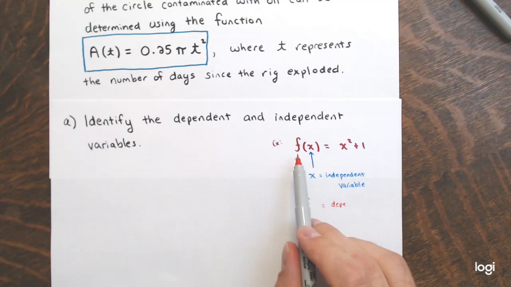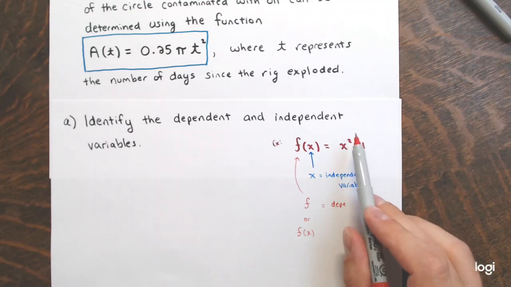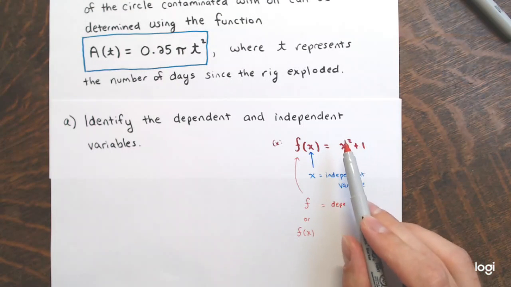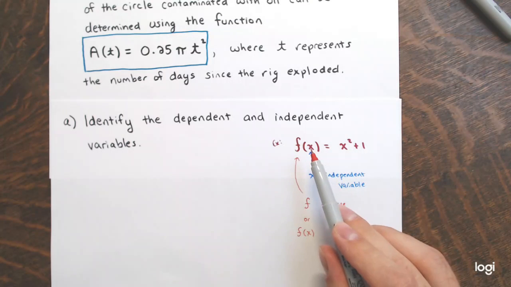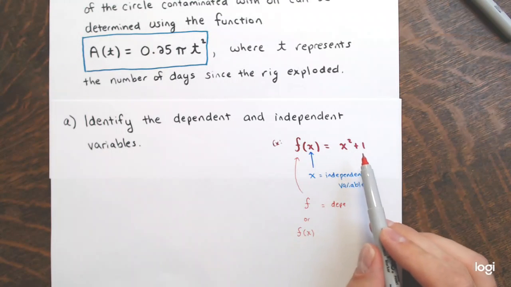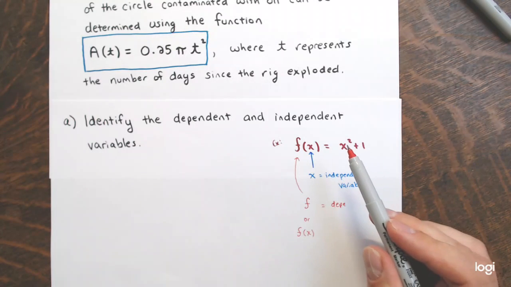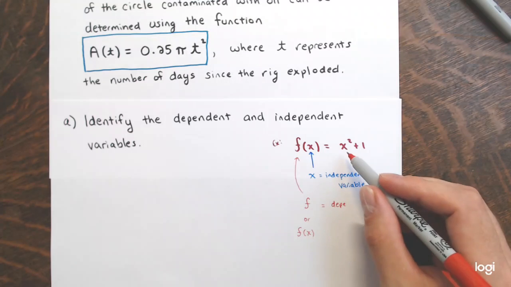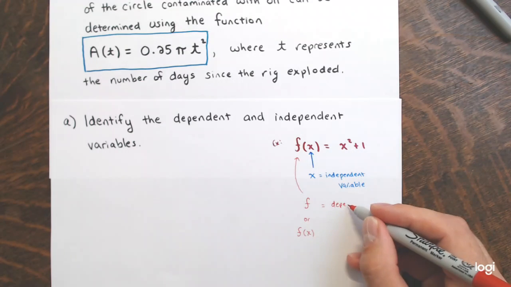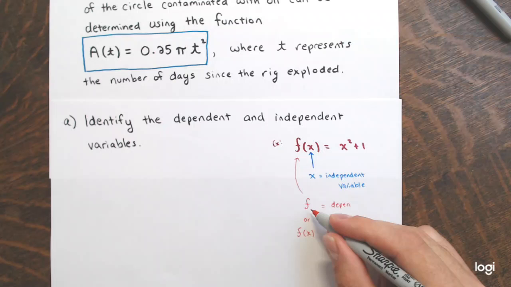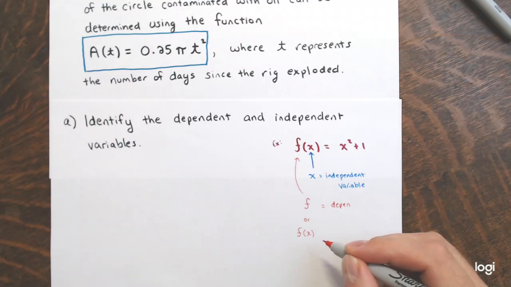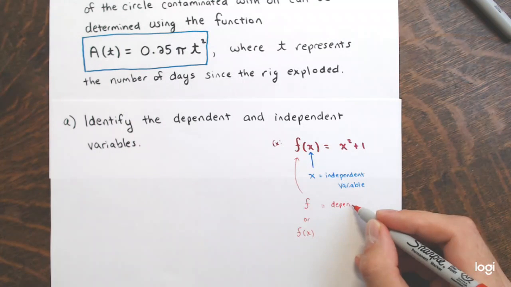Over on this side is an expression describing how this variable from the domain corresponds to a variable from the range, how this input corresponds to an output, how you calculate an output: square the input, then add 1. So sometimes it's just the name of the function, or the whole thing, f of x itself, that is referred to as the dependent variable. It's almost like the y coordinate, the output, if you're talking about x and y coordinates on the xy plane.